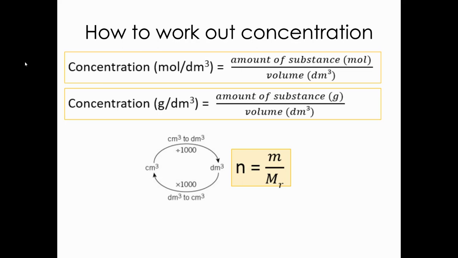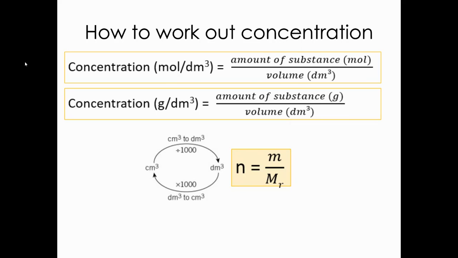So how do we work out concentration? There are two formulas for concentration. If it asks you to calculate the concentration in moles per decimeter cubed, then it's simply the amount of substance in moles divided by the volume, which has to be in decimeters cubed. The clue, if you can't remember the formula, is to look at the units.